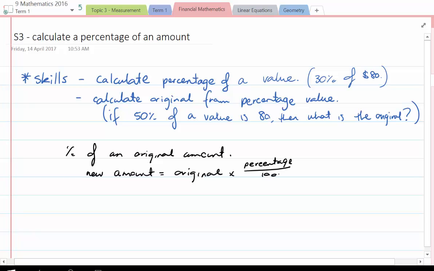So really we're just multiplying that original by a decimal or a fraction on 100. Okay, so we can just write that as the amount is equal to X% on 100 multiplied by the original, or A is equal to X on 100 multiplied by AO.